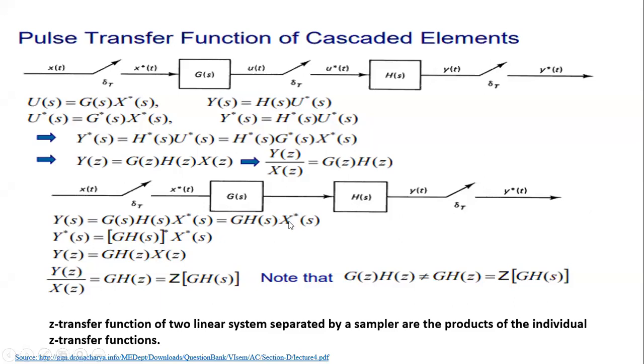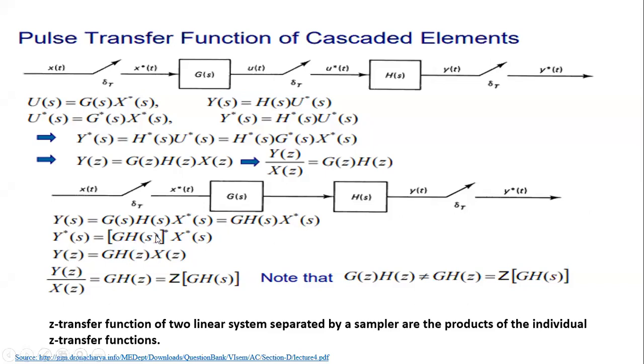When one function is already starred, x is already starred, y star, when I take the whole star, will be equal to the product of two starred functions. So this is gh star, it is starred, and x star of s. So what do I get now? Y star of s, we did see in the example. This I'll be writing as y of z.